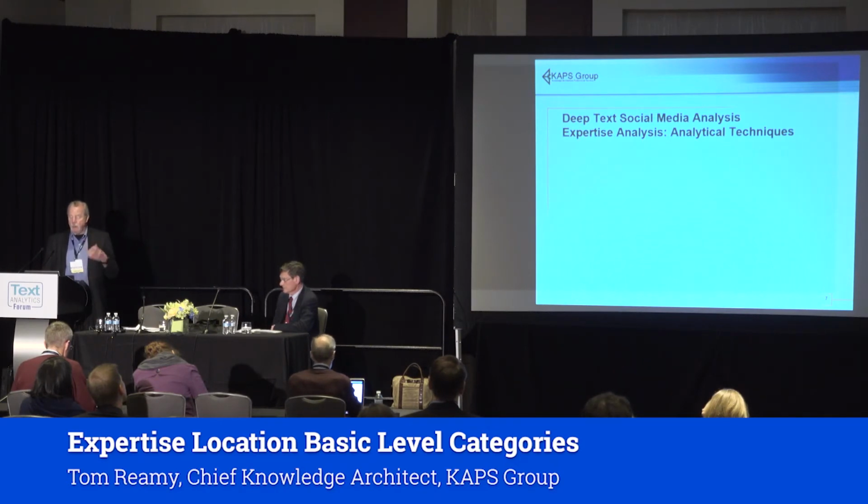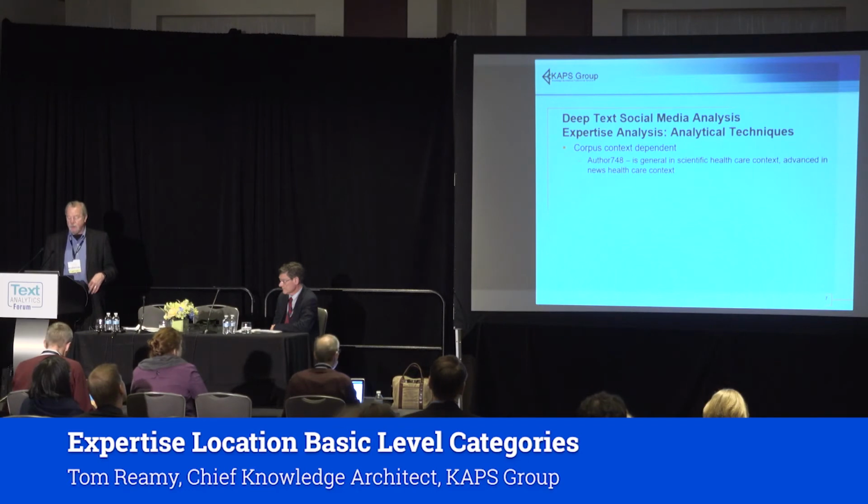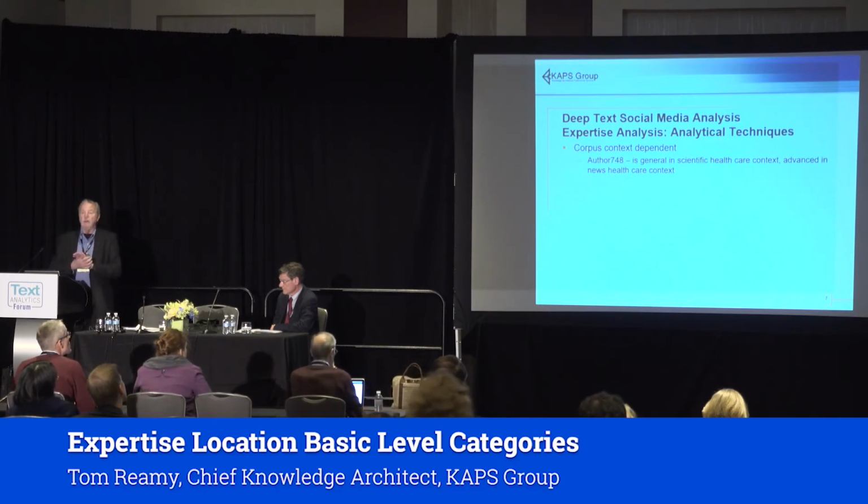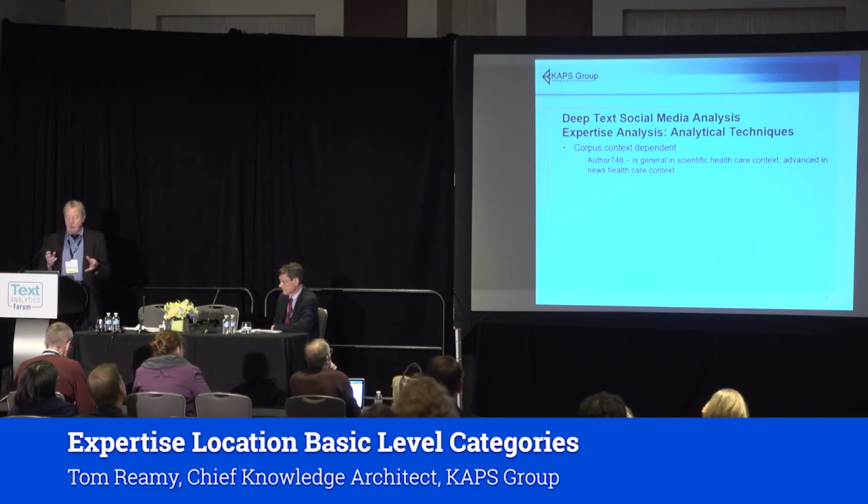So, how do you do this with expertise location? What are the kinds of things you can do? Well, as I mentioned, what is expert is corpus context dependent. So, for example, if you've got a collection of documents about scientific healthcare, very precise kinds of topics, then what constitutes expert documents within that is going to be very, very high.